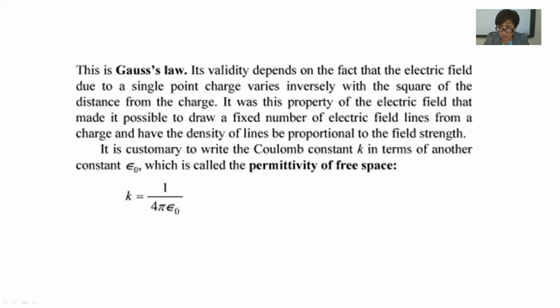Epsilon 0 is 8.85 multiplied by 10 power minus 12 Coulomb square divided by Newton meter square. And K, the Coulomb constant, is approximately 9 multiplied by 10 power 9 Newton meter square divided by Coulomb square.